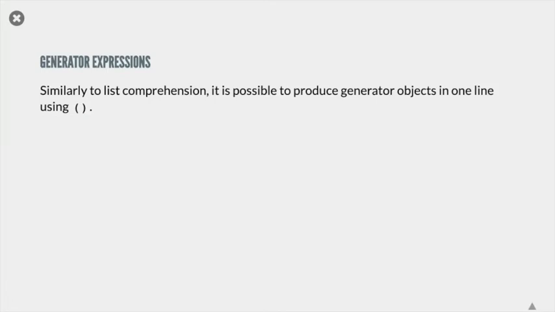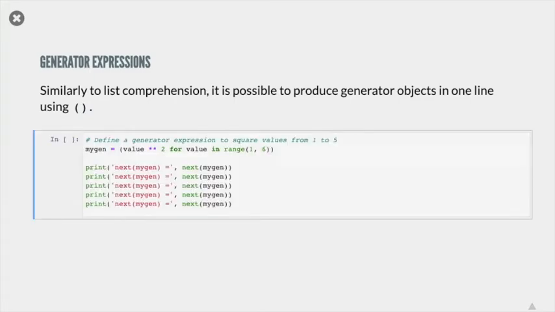So what you can do is create a generator expression. Similarly to list comprehension, we can produce generator expressions inside curved brackets. When we had square brackets, we were producing a list comprehension. If we do the same sort of behavior inside curved brackets rather than square brackets, instead of creating a list, we're creating a generator.